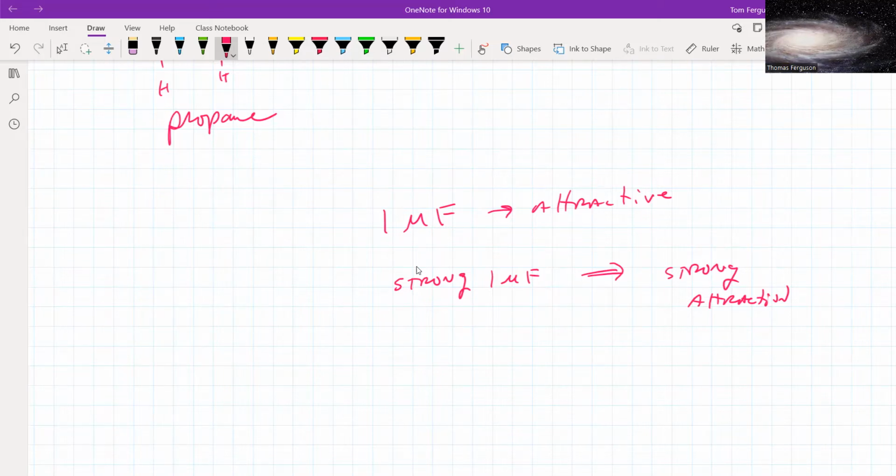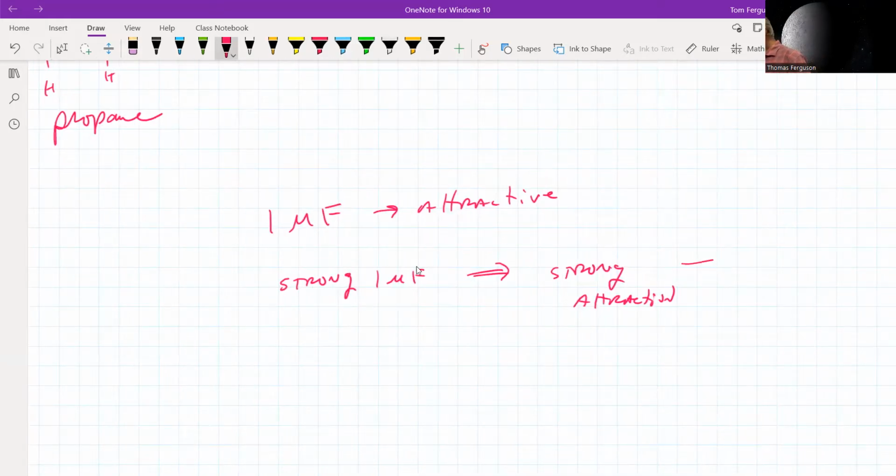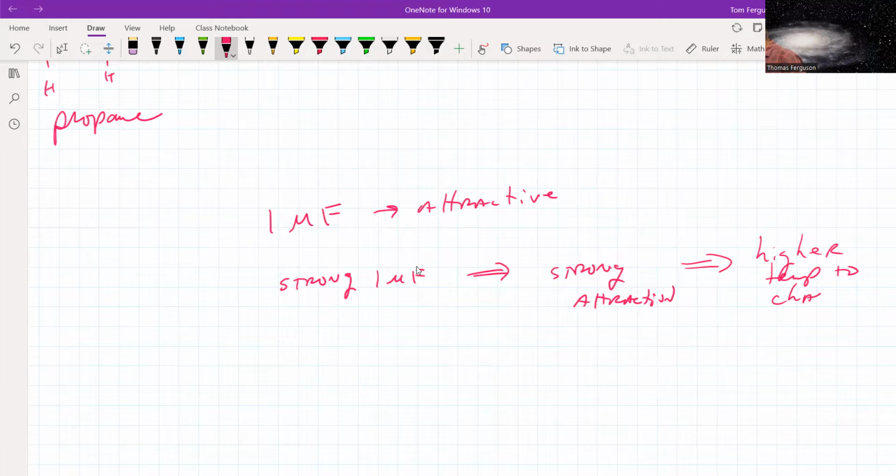This is a real important deal. So if there's a strong intermolecular force, it takes a higher temperature to change phases because they're more attracted to one another.